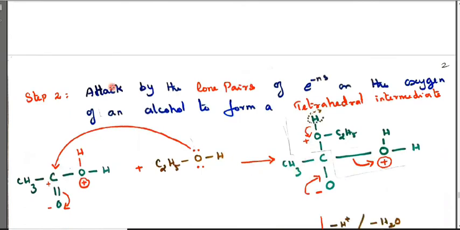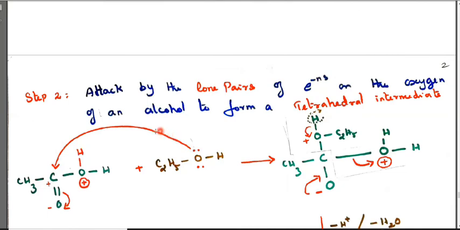Next, the lone pair of electrons on the oxygen of an alcohol attacks to form a tetrahedral intermediate. Here we have CH3, C double bond O, OH, H. Between the carbonyl carbon and oxygen, oxygen attracts the electrons and acquires a negative charge, and carbon becomes plus. So another molecule of ethyl alcohol easily attacks this carbon with its lone pair.